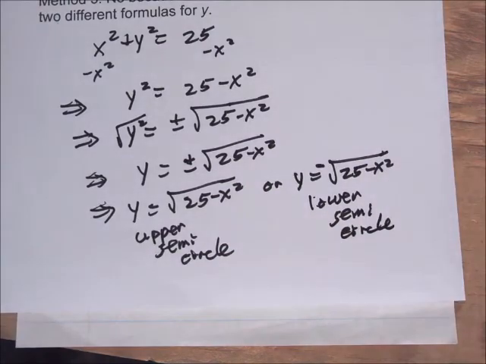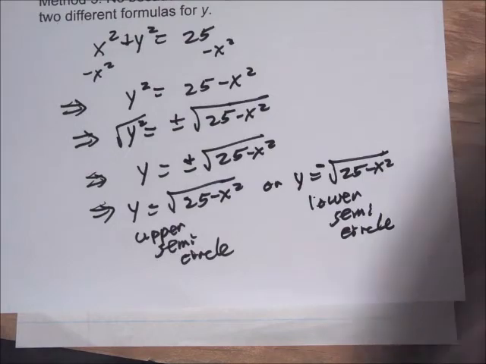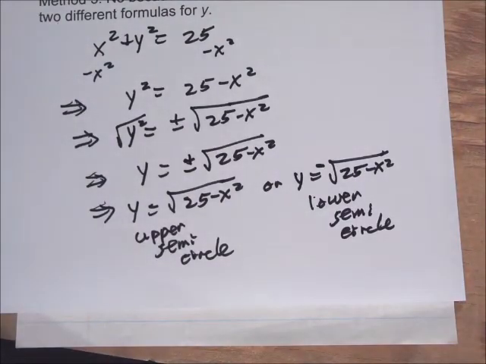Okay, so we have two different formulas for y, so the original relation was not a function, and what we've actually done here is split this into two functions. And that's one of the strategies you can use in calculus if you're trying to do a procedure that can only be done on functions. You can split it into two pieces and do the procedure separately on those pieces.